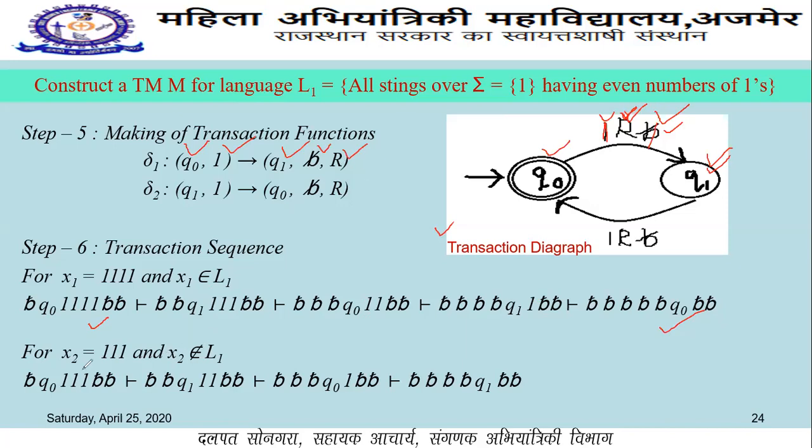Now we take another string x2, that is triple one, and of course this does not belong to L1, so it should be rejected. After applying the transition functions delta 1 and delta 2, we reach this situation.